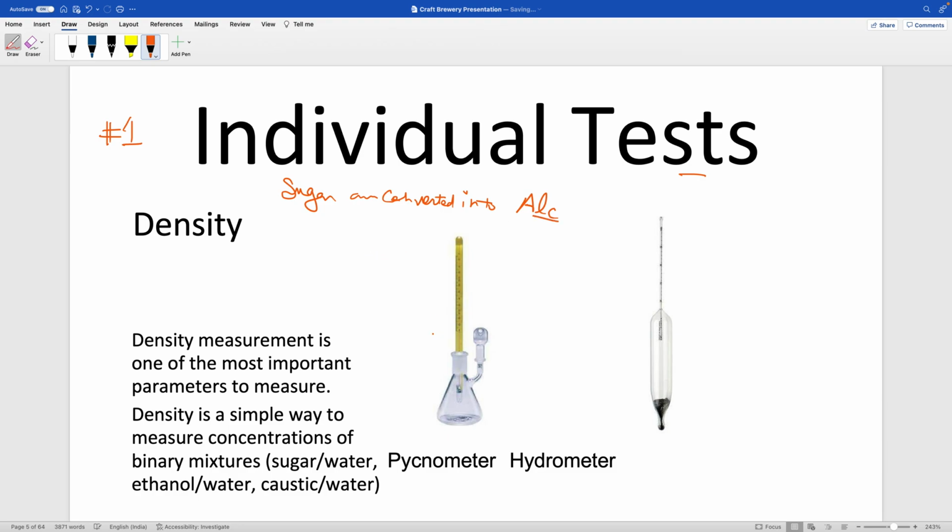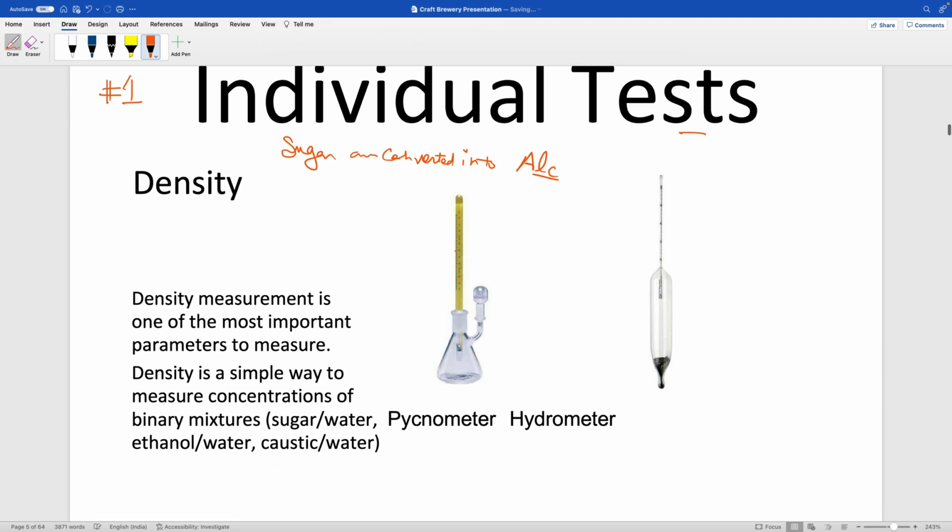For this we have this picnometer. We put the beer sample at 20 degrees Celsius, then we measure the empty weight of this with beer, and then there is a formula, W1 minus W2, and that's it. This is another where we put the whole thing into a hydrometer.